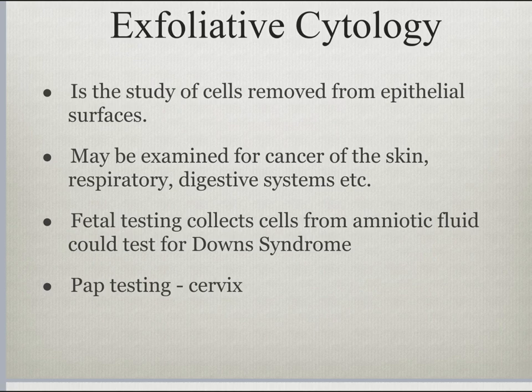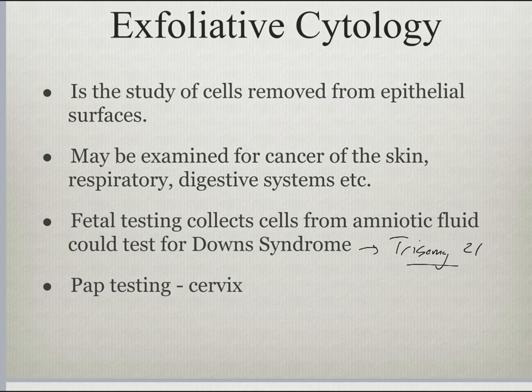We can also do something called an amniocentesis, which is a fetal test that collects cells from the amniotic fluid, which is used to test for trisomy 21, also known as Down syndrome. You also get this done when you go to your OBGYN yearly for pap smear testing.